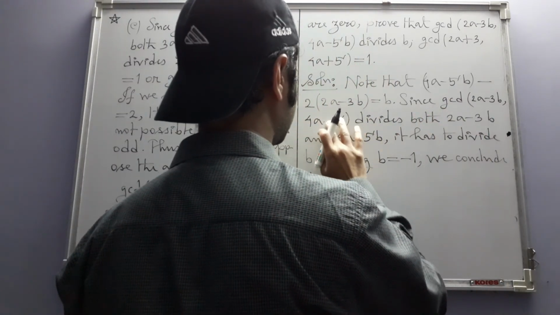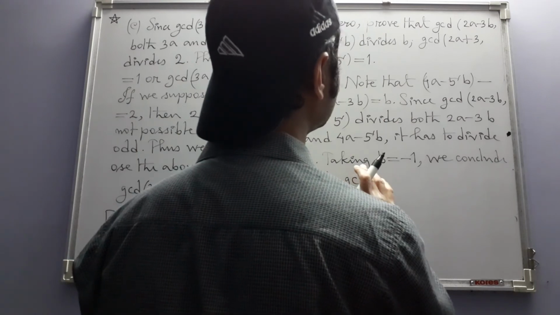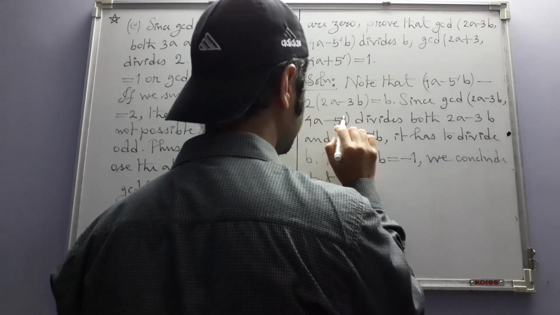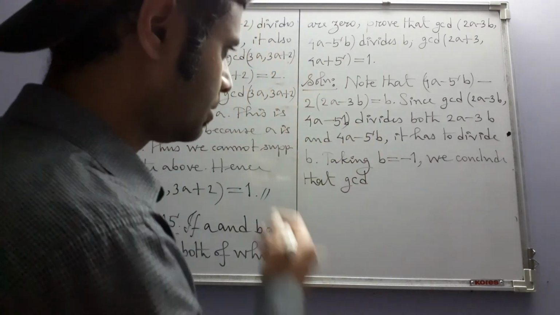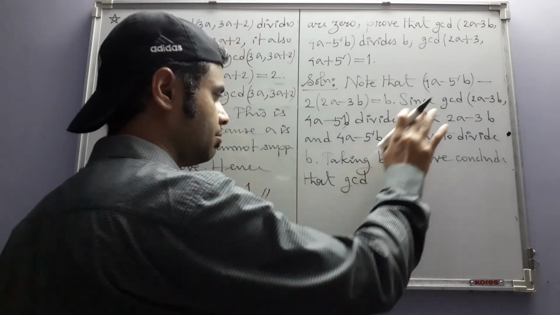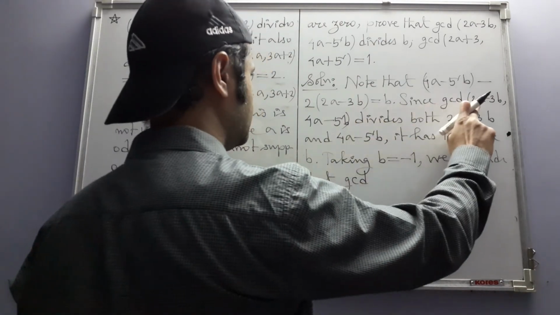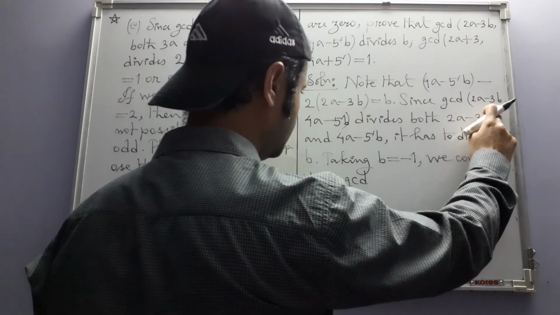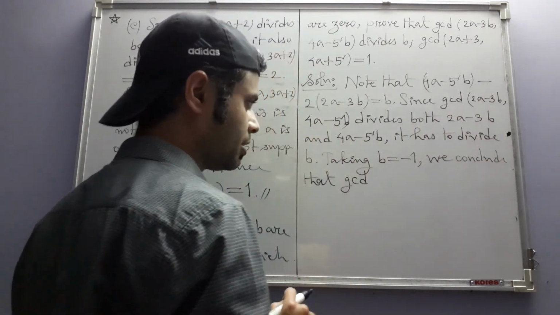I think I messed up, minus 5b. Okay, now if we take b equal to minus 1, this becomes 2a plus 3 and this becomes 4a plus 5.